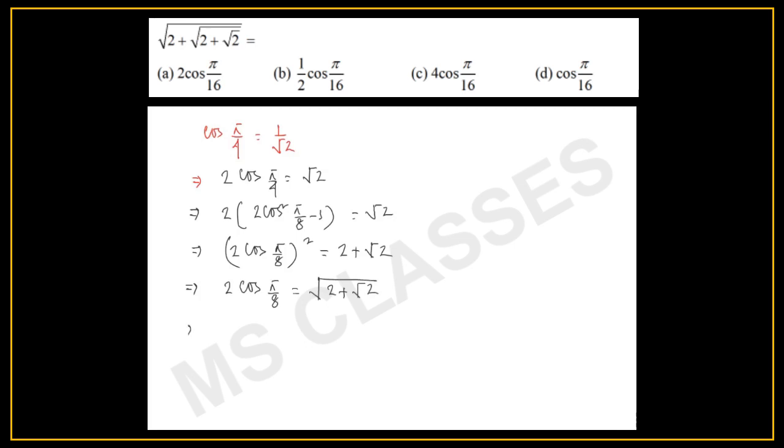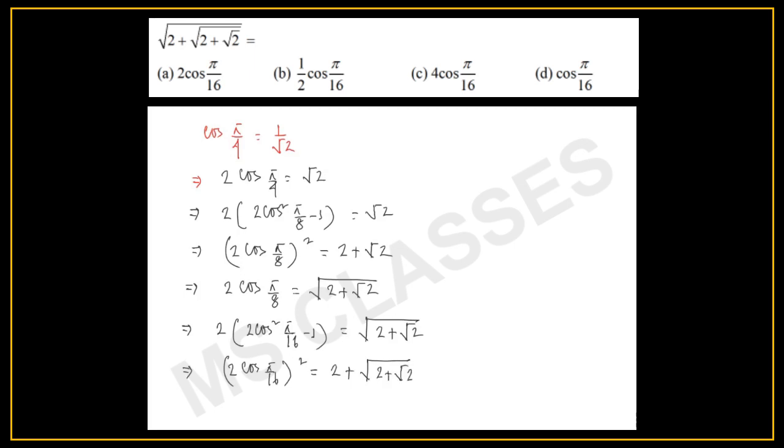Now again we can write 2 cos pi by 8 as 2 cos square pi by 16 minus 1 equal to under root of 2 plus root 2. Again we can simplify: 2 cos pi by 16 whole square equal to 2 plus under root of 2 plus root 2.